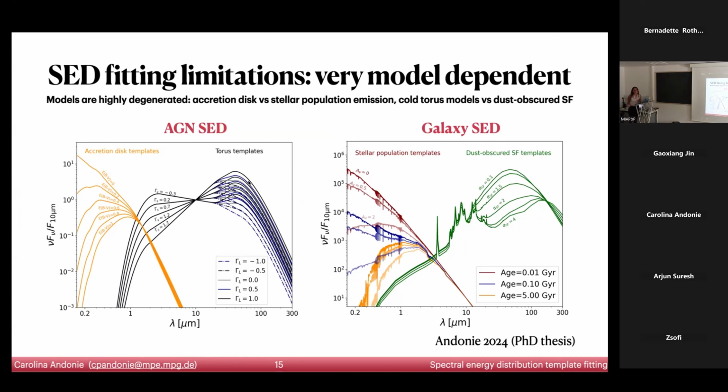The same with the far infrared. If my SED fitting decides to fit the far infrared with a very cold AGN SED, the star formation rate will be very low. But if it is the other way around, if it decides to fit the far infrared with a very strong star formation, then the AGN component will be very low.